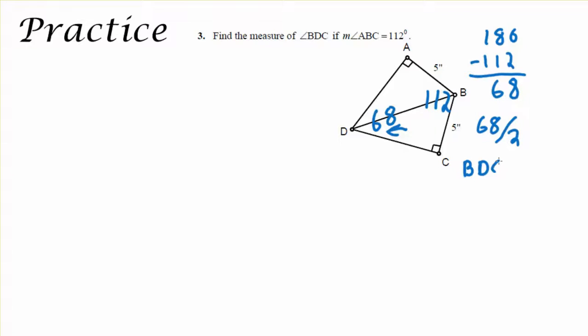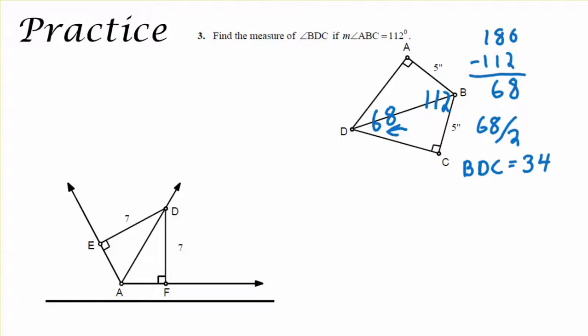34 degrees. Now I'm taking a look at another example. I have another angle bisector, again with the presence of the right angles, and the fact that DF and ED are both 7. And I know that this large angle EAF is 118, and I'm trying to find this smaller angle ADF.